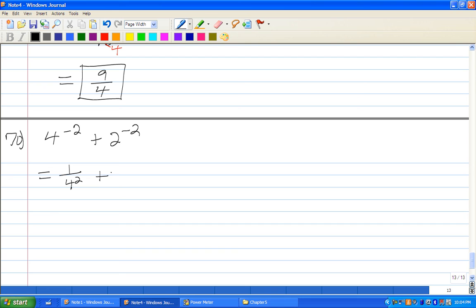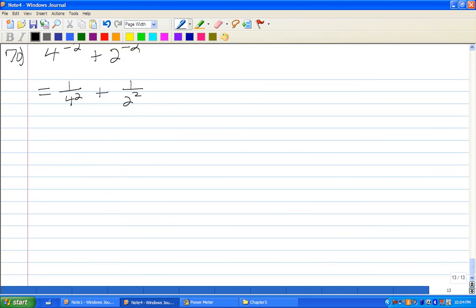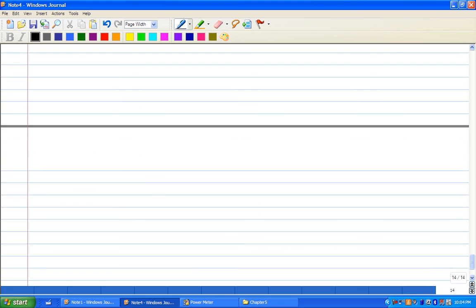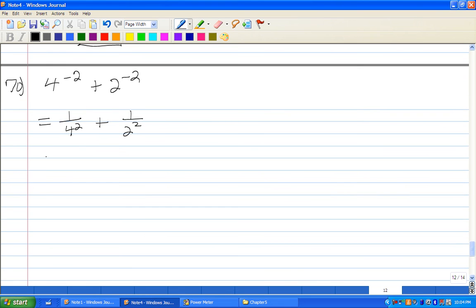I have a negative exponent, so let me take the reciprocal: 1 over 2 squared. 4 squared is 16. 2 squared is 4. In order to add fractions, I need the least common denominator, which in this case is 16.